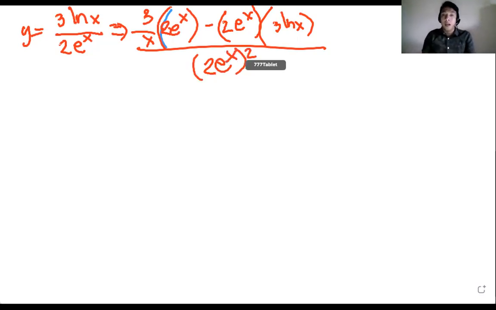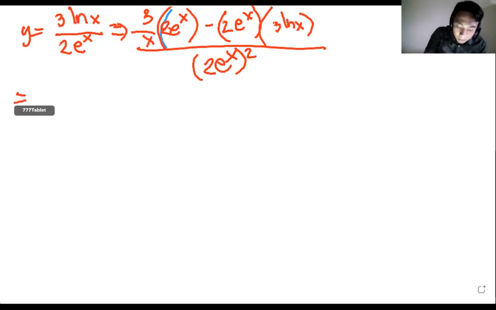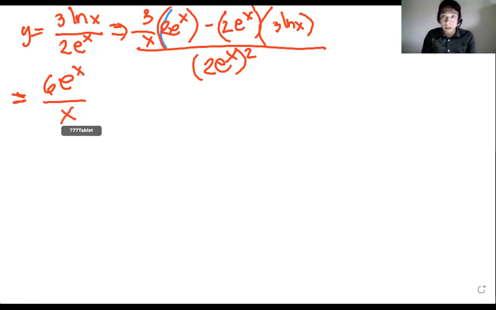That's the first step. Second step, let us combine. Okay, combine natin yung mga naka-parentheses natin. So we have here 3 times 2e raised to x is 6e raised to x over x. All right?